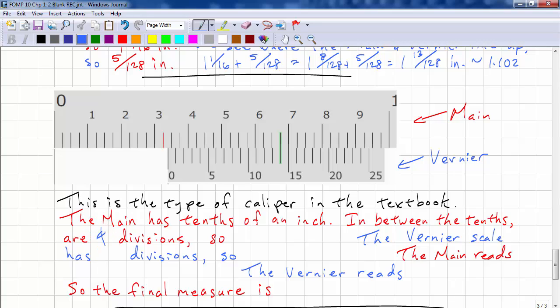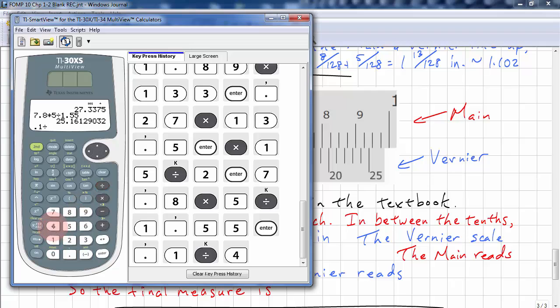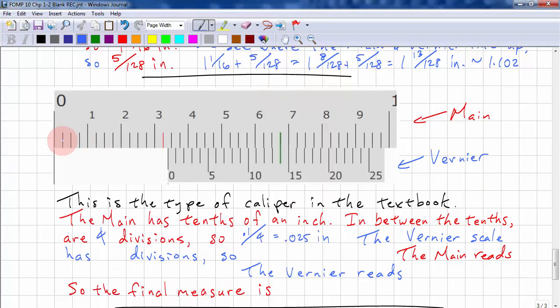So we have 0.1 divided by 4, which is 0.025 inches. On our calculator, 0.1 divided by 4 gives 0.025. So each one of these measurements is 0.025.